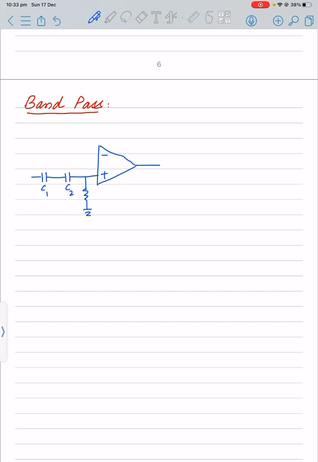That one is C1, C2, that one is the R2, and then we have our R1 over here. We are also applying some signal at the input, and that is the V output.